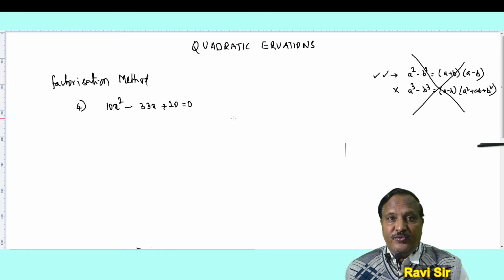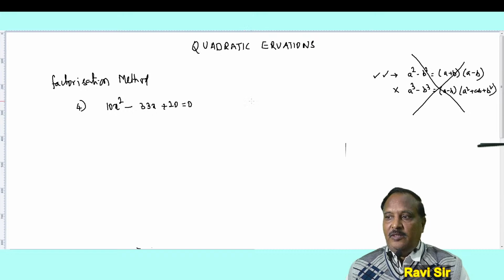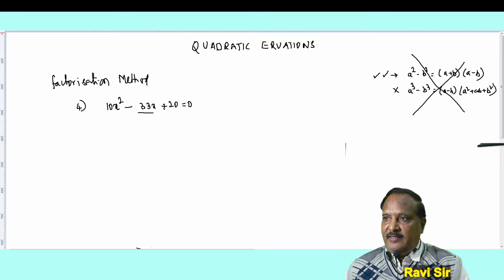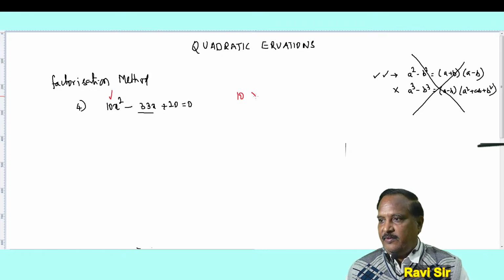So those who do not know, you can see now. Splitting of the middle term, our target is to split this middle term. There is a formula also, but understand in this way. You take x square coefficient 10 into the constant plus 20. I am not writing plus 20; if it is minus 20, you write.